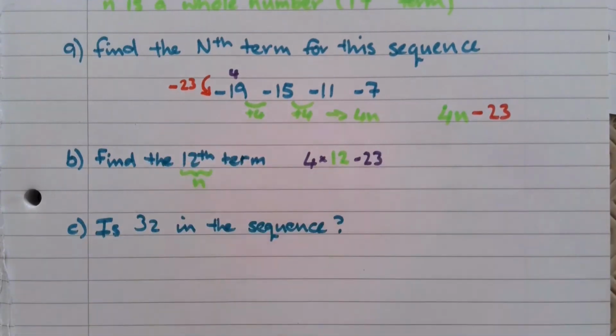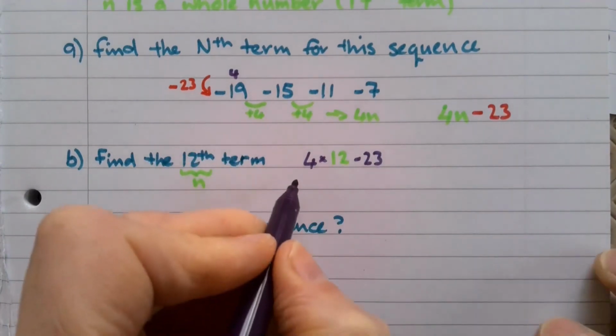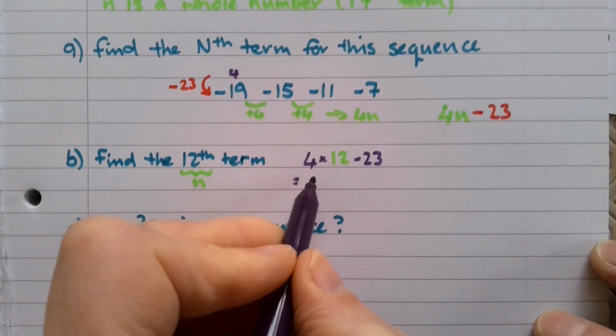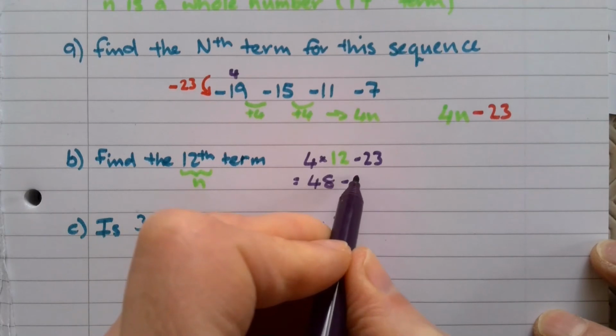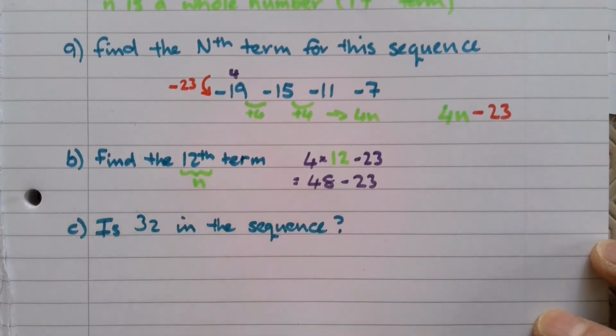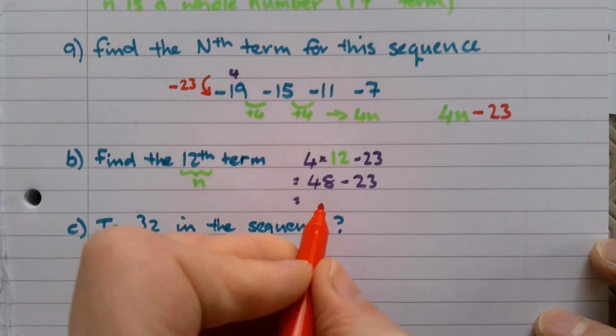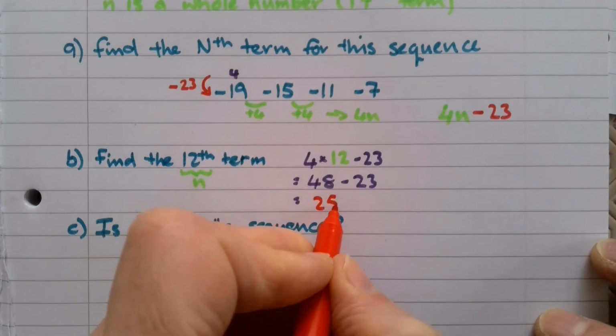So that's what I needed to do. Well, that's going to give me 48 take away 23. Well, 48 take away 23 is going to equal 25, isn't it? So there's your 12th term.